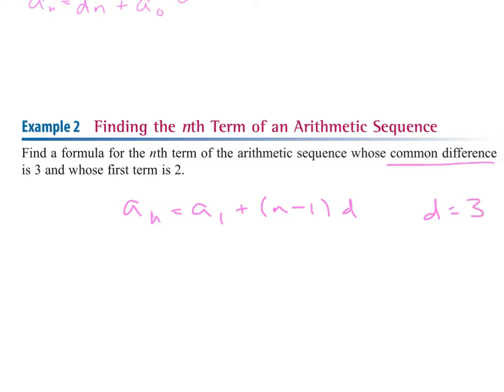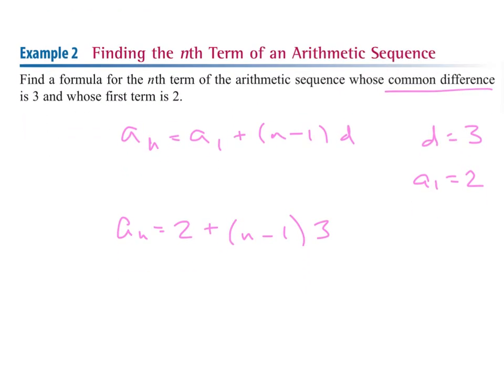It tells us our common difference is 3. And what's our a sub 1? 2. So we just need to plug those in. We have a sub n is equal to 2 plus n minus 1 times 3. How would we simplify this?